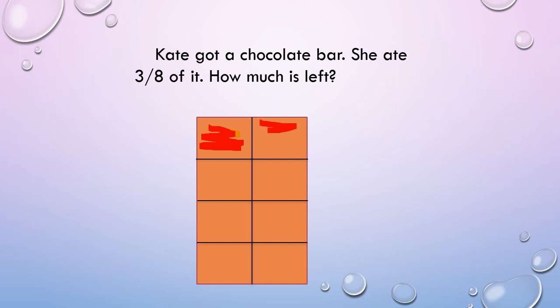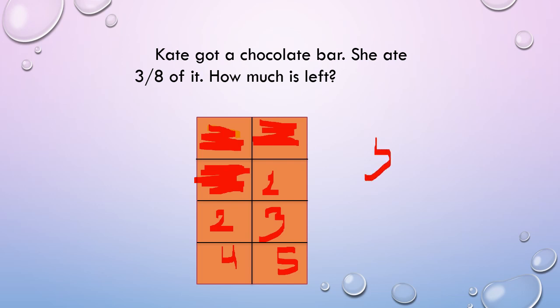So we shade 3 of these out, and after we shade 3 of these out, then we see that we have 1, 2, 3, 4, 5 squares of chocolate left. So we have 5/8 of the chocolate bar left.